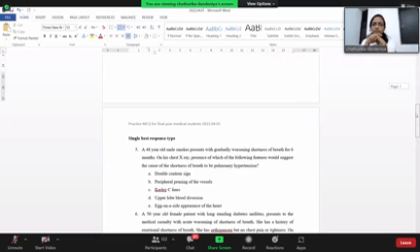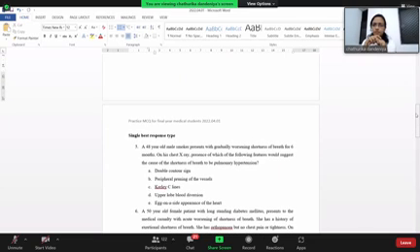A 48-year-old male smoker presents with gradually worsening SOB for 6 months. On the chest X-ray, presence of which of the following features would suggest the cause of SOB to be pulmonary hypertension? What is the feature that would suggest that?